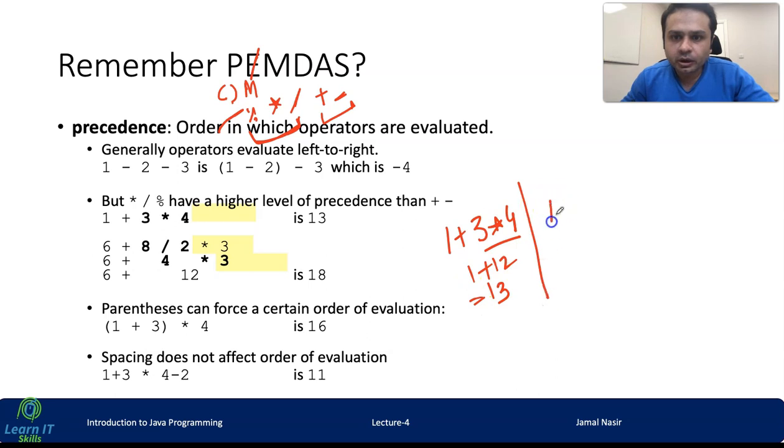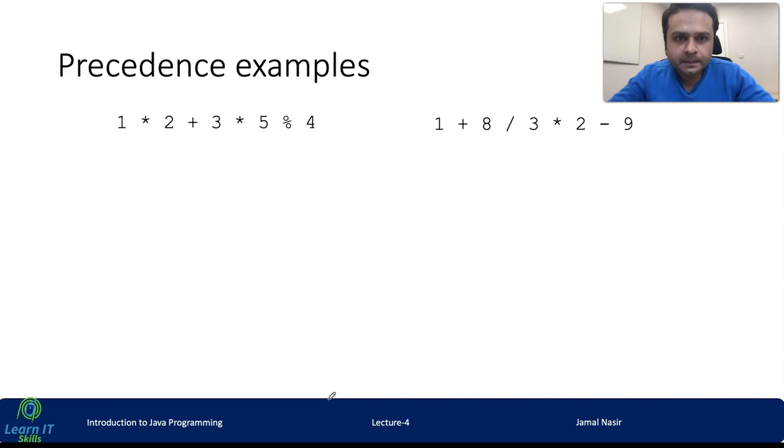But now we have parentheses, so obviously this will be evaluated first, and the answer would be 16, right?